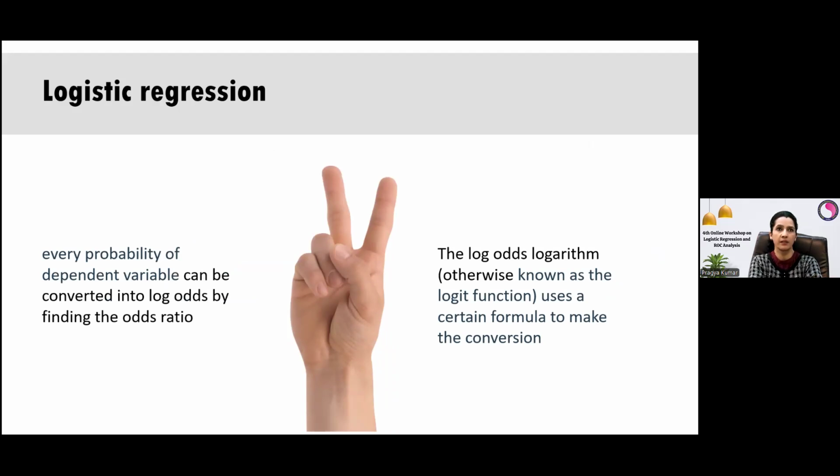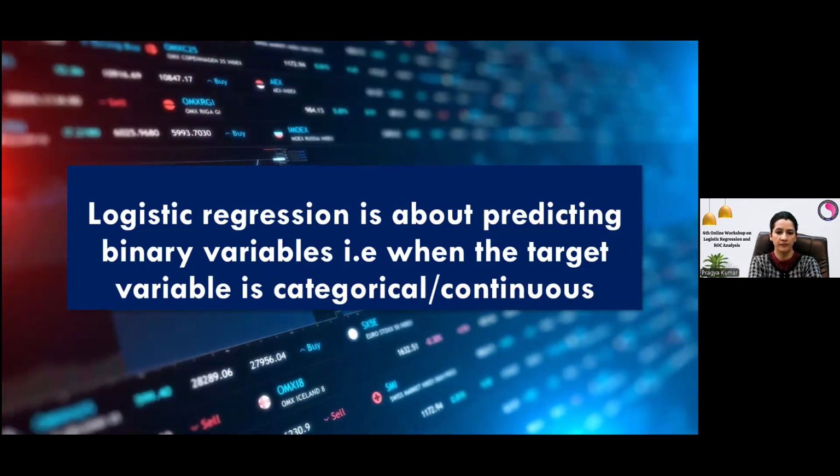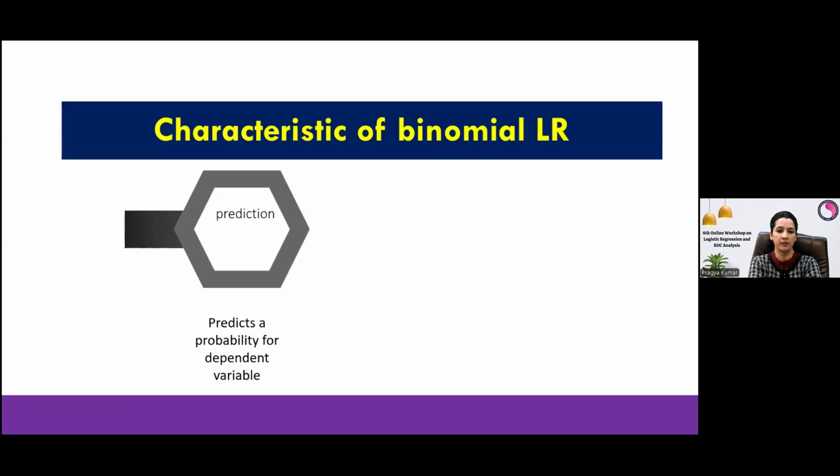In logistic regression, there is a probability of the dependent variable, which we convert into log odds by taking the natural log. And again, it is about predicting a binary variable. In today's session, we are going to talk about the binomial.